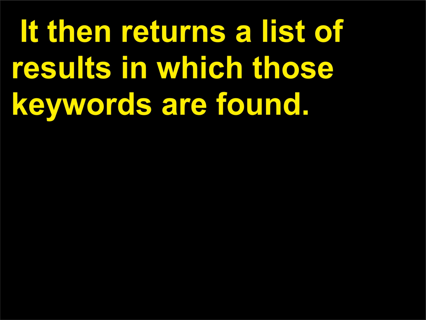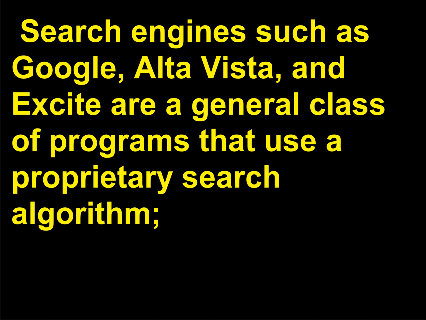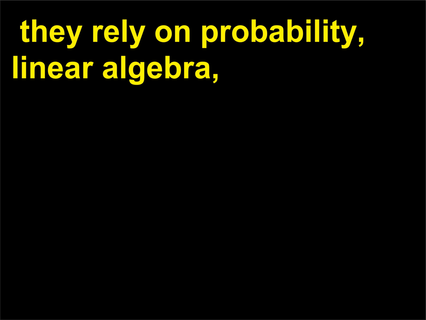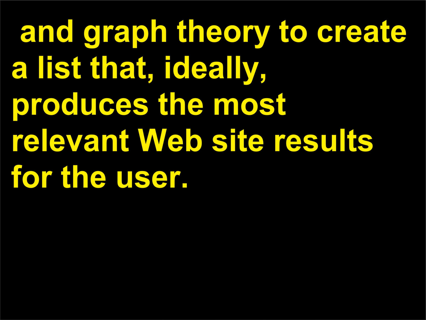It then returns a list of results in which those keywords are found. Search engines such as Google, AltaVista, and Excite are a general class of programs that use a proprietary search algorithm. They rely on probability, linear algebra, and graph theory to create a list that, ideally, produces the most relevant website results for the user.